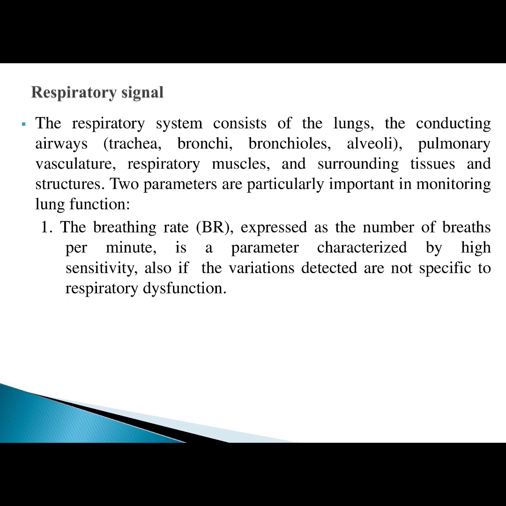Two parameters are particularly important in monitoring lung function. One is breath rate, that is breathing rate, BR, expressed as the number of breaths per minute, a parameter characterized by high sensitivity, although the variations detected are not specific to respiratory dysfunction.